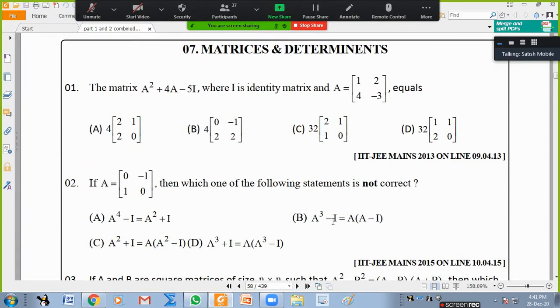Okay, maths and determinants. Anybody any doubt about first question? Second question.